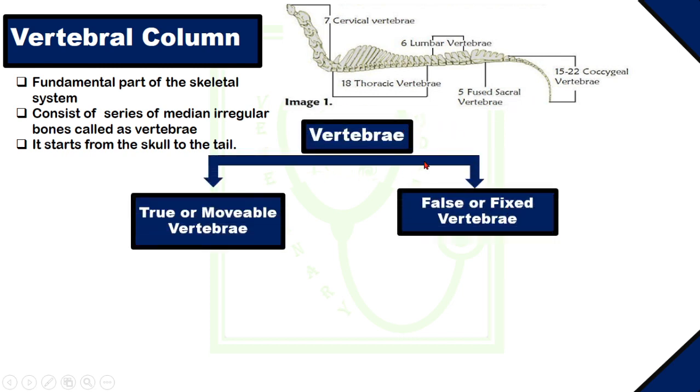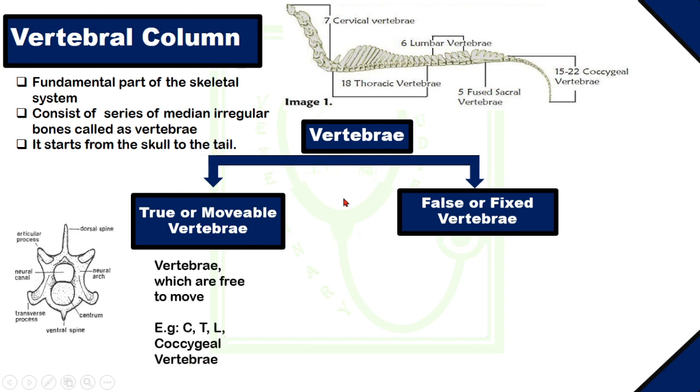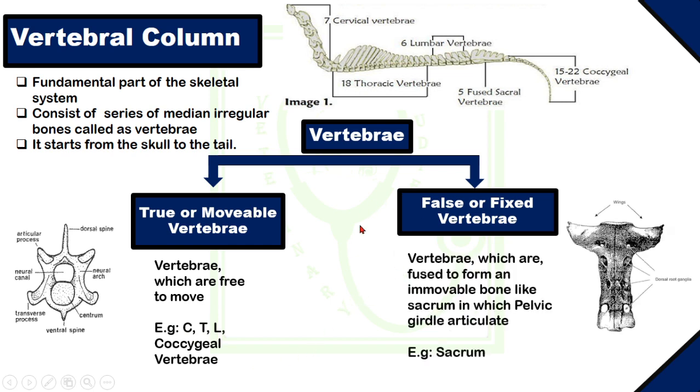There are two types of vertebrae: true vertebrae and false vertebrae. True vertebrae are the movable vertebrae which are free to move. It includes cervical, thoracic, lumbar and coccygeal vertebrae. False vertebrae are the fixed vertebrae which are fused to form immovable bone like the sacrum in the pelvic girdle.